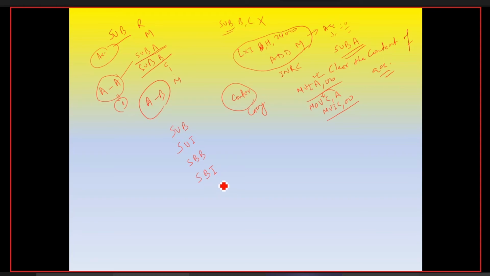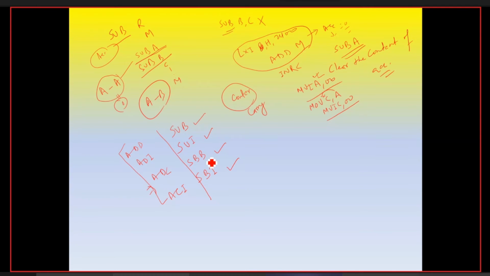Parallelly we have ADD, ADI, ADC, ACI. So here also, the sub instructions are SUB, SUI, SBB, SBI. If you understand addition, the same thing applies to subtraction.